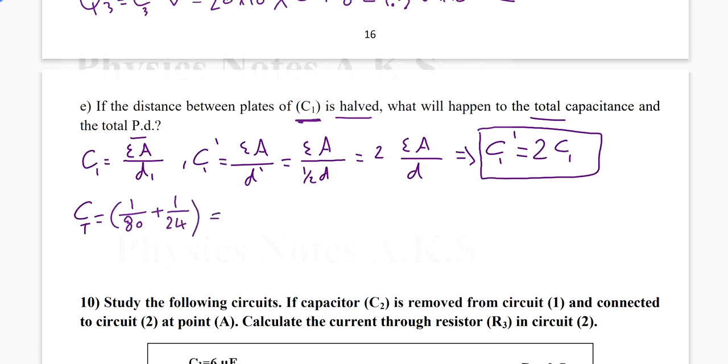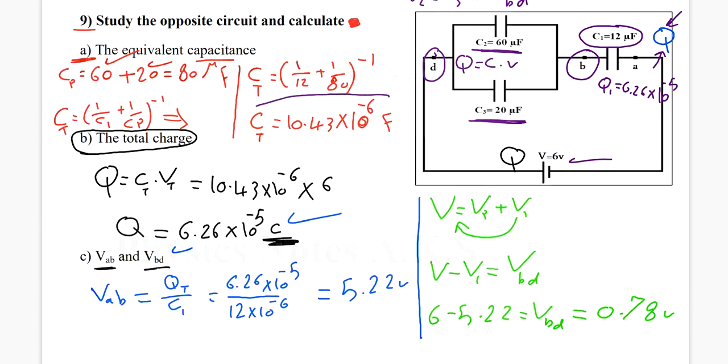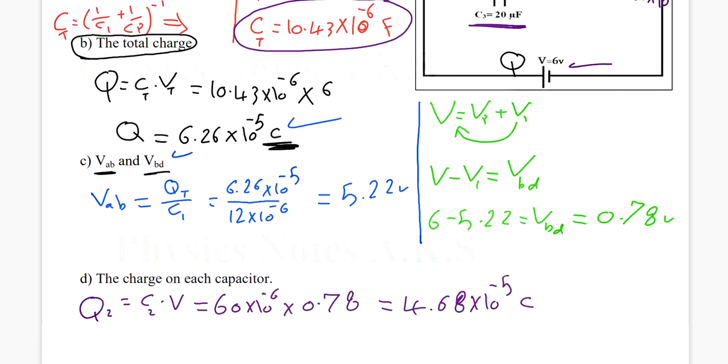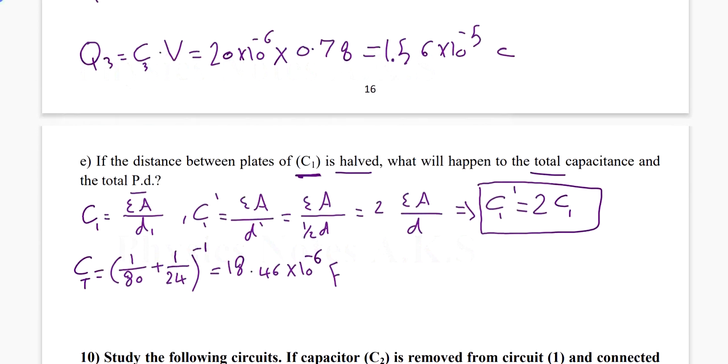So the total is now 18.46 multiplied by 10 to the power negative 6 farad. It increased. Remember, how much was it? It was 10.43. Now it is 18.46. So basically the total capacitance increased. Now they also ask what will happen to the total potential difference.